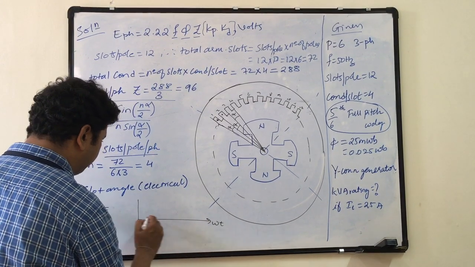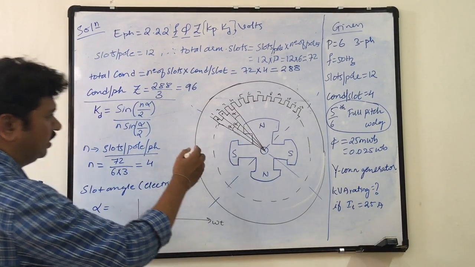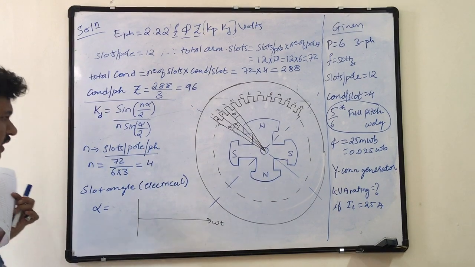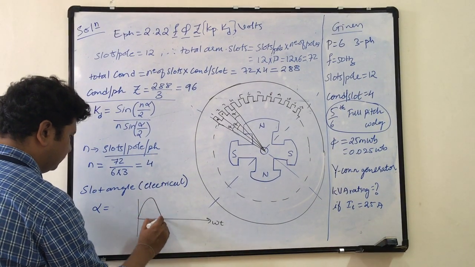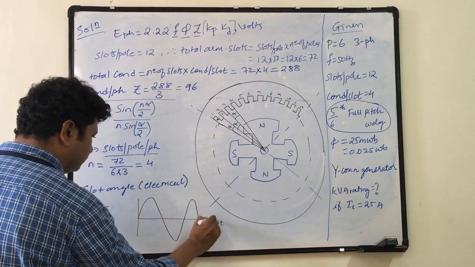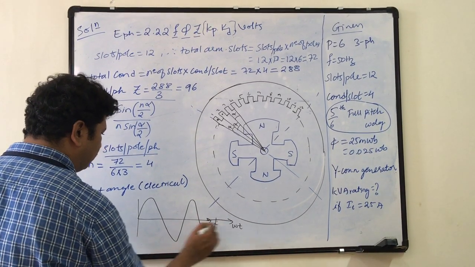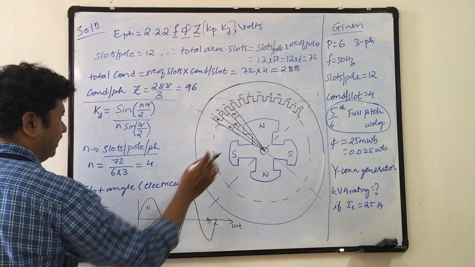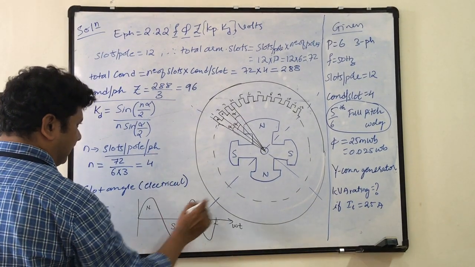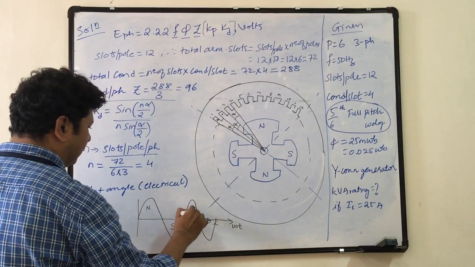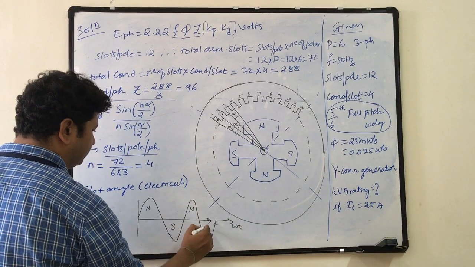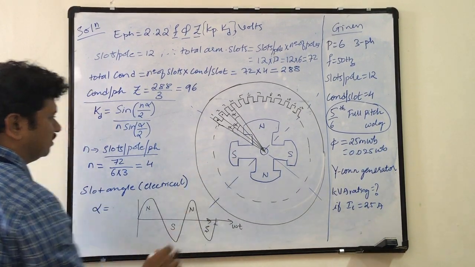This is omega t. Now, with 4 poles, in one revolution, I get 2 cycles. The first half cycle is produced by this north pole, the second by this south pole, the third by this north pole, the fourth by this south pole.